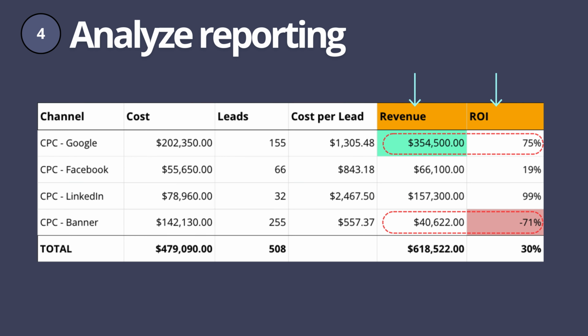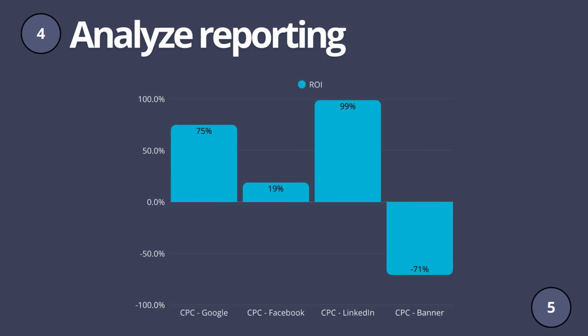CPC Google, however, shows us the highest revenue, making it clear it's a really important channel to continue to use. And even more interesting, LinkedIn shows the highest ROI of any channel. Putting this in a chart makes the takeaways and the analysis very clear. Both Google and LinkedIn have high ROI compared to Facebook and banner ads.